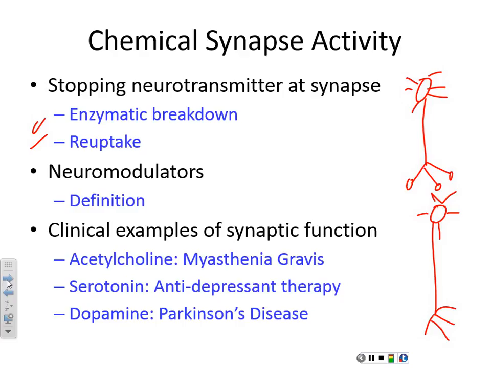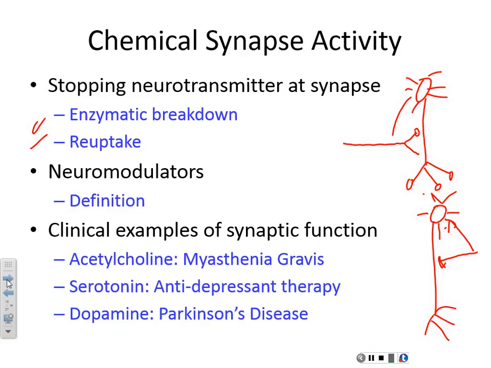These are chemical messengers that can presynaptically or postsynaptically affect events at the synapse, right? So a neuromodulator neuron will come and synapse right here, or it will come and synapse right there. So presynaptic modulation, postsynaptic modulation.